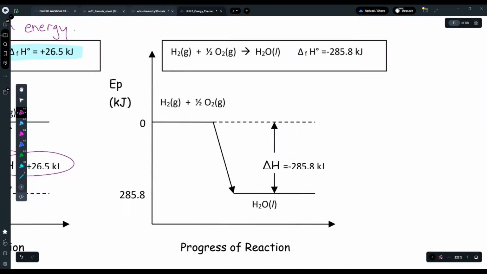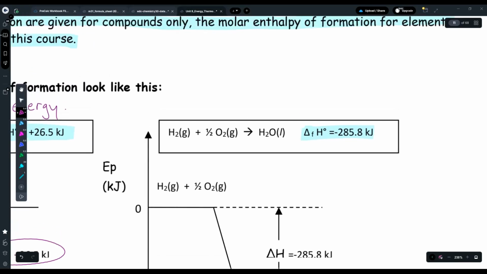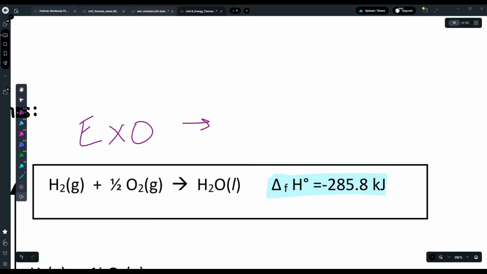Meanwhile, for the formation of water as a liquid, we have a negative molar enthalpy of formation here. So that means because the molar enthalpy of formation is negative, it's an exothermic reaction. I'm going to write exothermic just as exo, which means that energy is exiting the system, so you're losing energy.